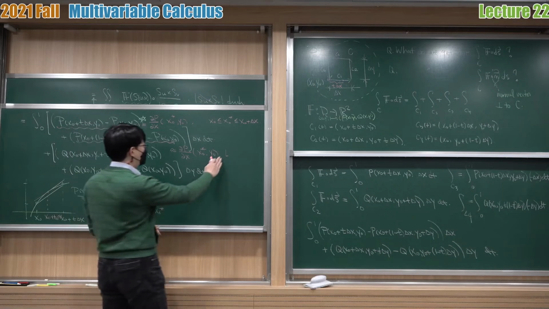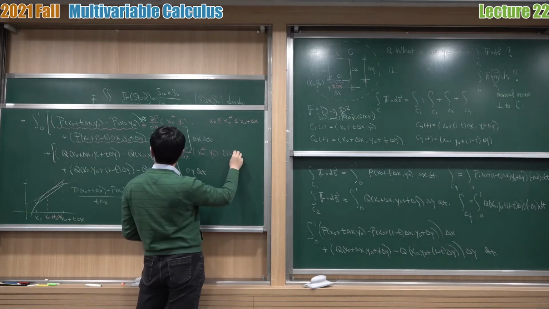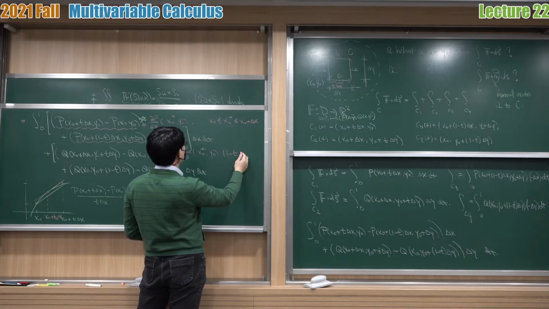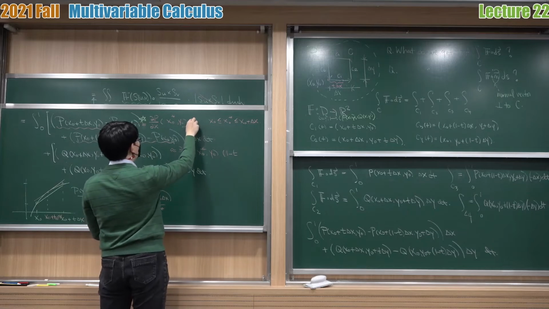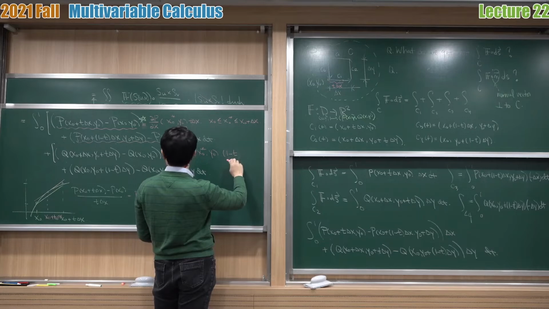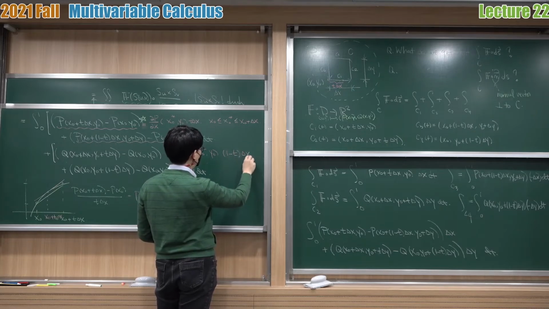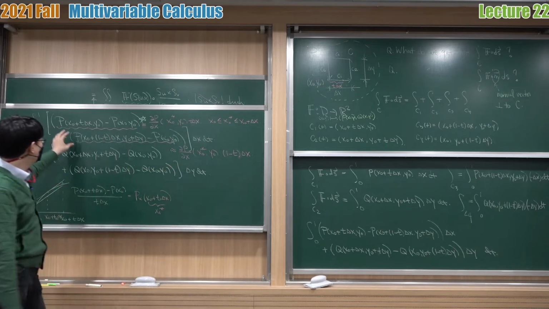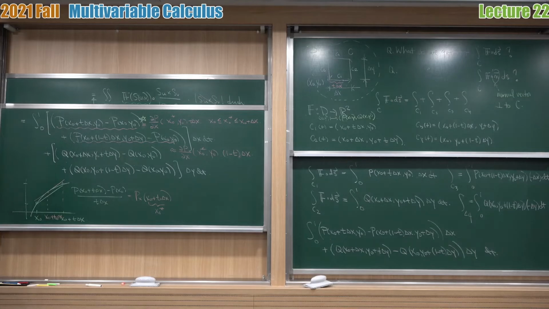So we have 1 minus, sorry, I forgot t delta x. 1 minus t delta x. So this part is almost equal to that part.